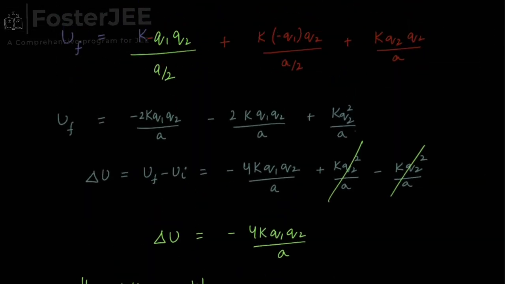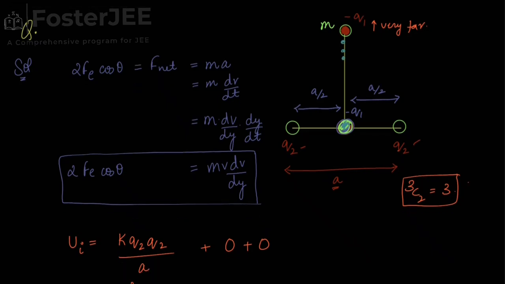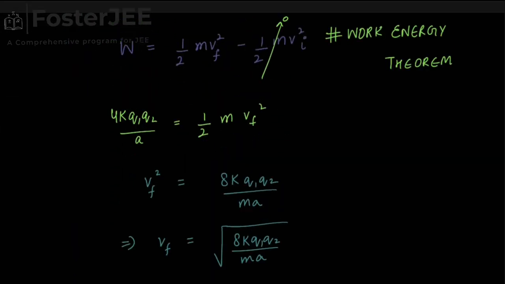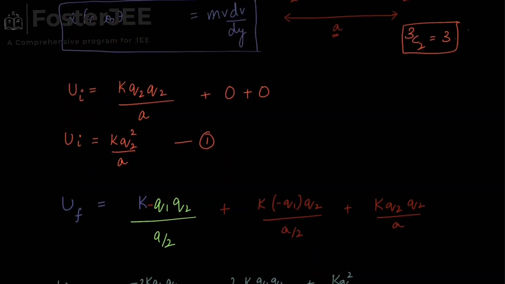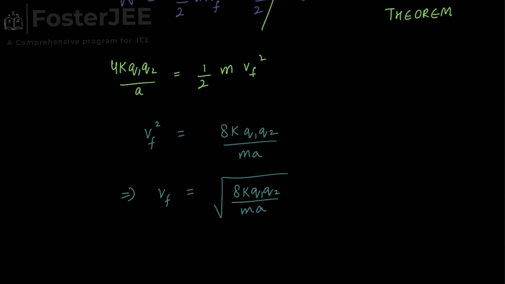Hence this is the velocity of this charge when it reaches from very far to this point. Now we can see mathematically that using the potential energy concept makes the solution very short and easy.